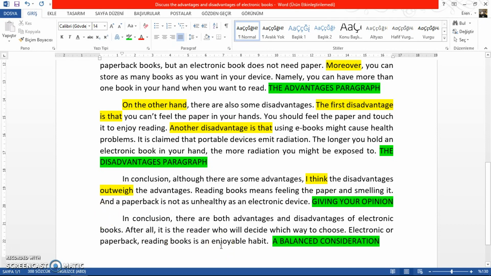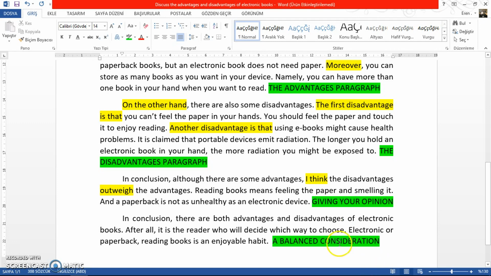So, a paperback is not as unhealthy as an electronic device. So I gave my opinion. I took my stance actually. I'm looking at the situation from a point of view, because I supported that there are more disadvantages to having an electronic book.